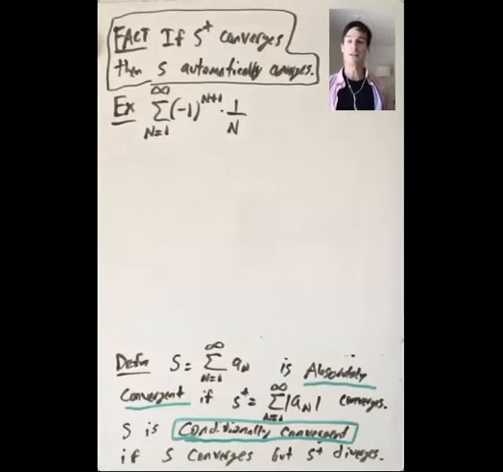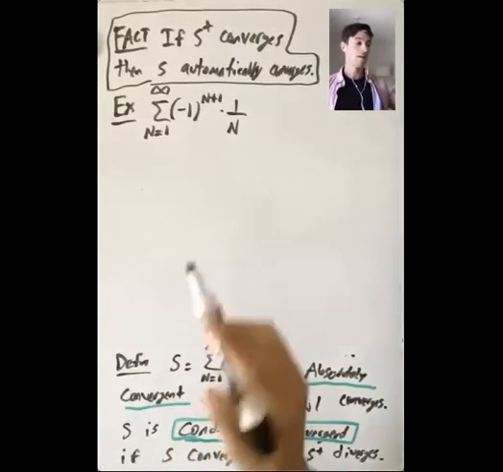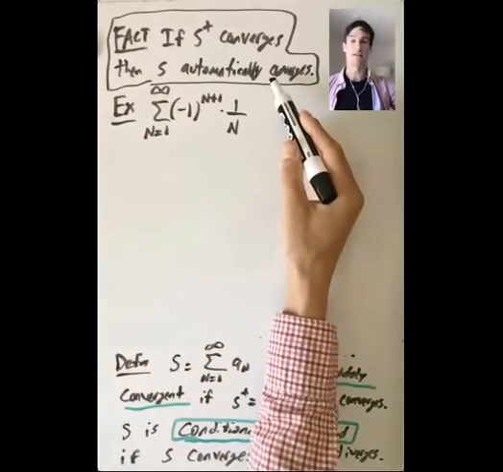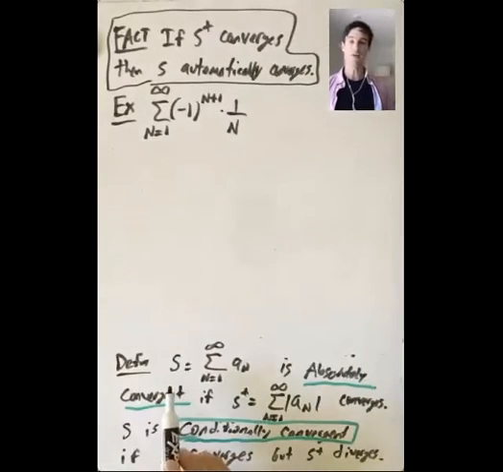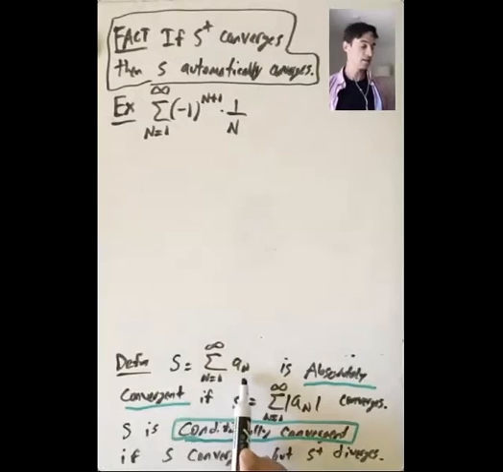Before we talk about this next example, let me just highlight an important fact. We have two related series, S and the series S plus, that we get by putting in absolute values. Absolutely convergent means that S plus converges. Conditionally convergent means that S converges, but S plus diverges.